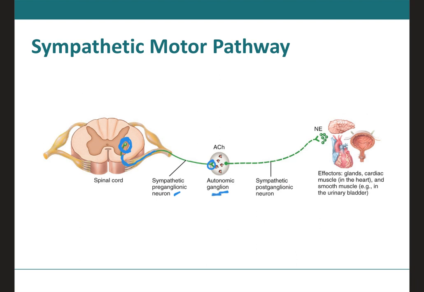Once the impulse travels through this neuron and reaches the ganglion, it will release acetylcholine that will then synapse with another neuron, the postganglionic neuron, that will release norepinephrine at either smooth muscle, heart, and glands. Most likely this will be an excitatory effect. Same over here, excitatory effect.